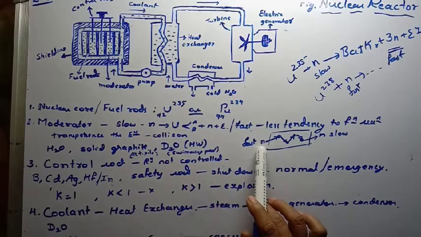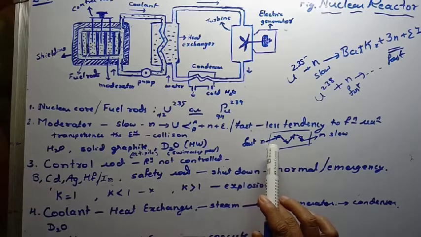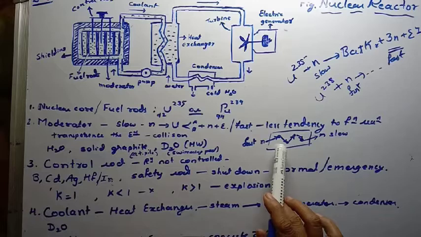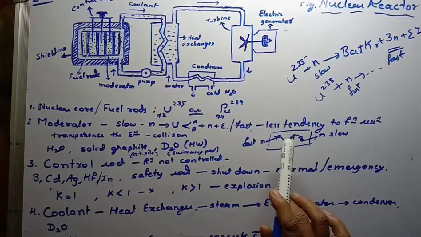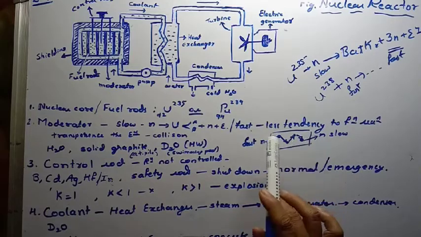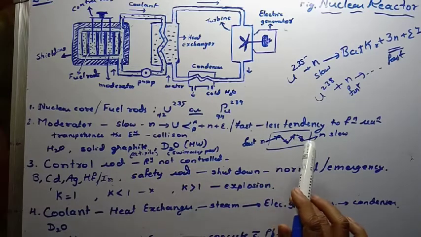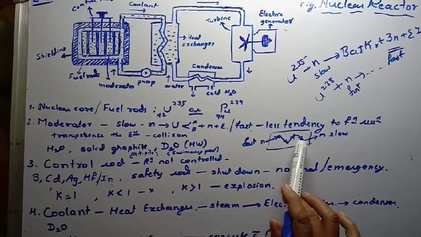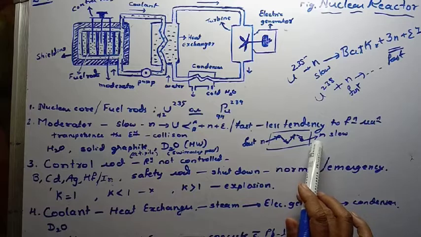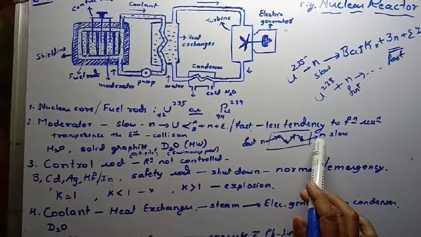When the fast-moving neutrons are liberated in the fission reaction, they undergo drastic collisions with the molecules of the moderator, and in each collision they lose energy. With a number of collisions, the energy is transferred to the molecules of the moderator, the energy of the neutron decreases and thereby the speed decreases.